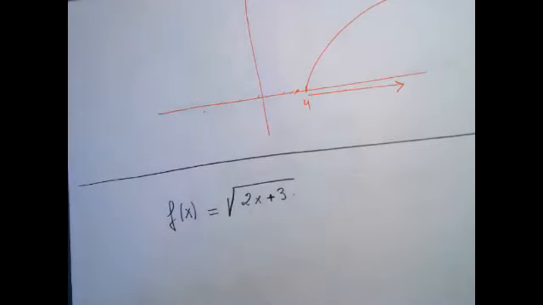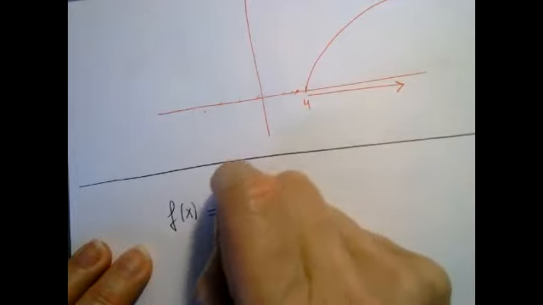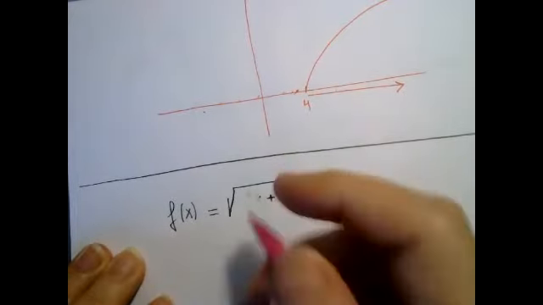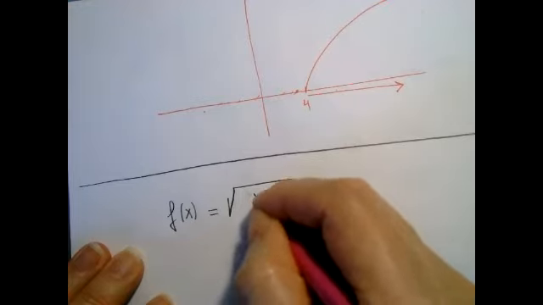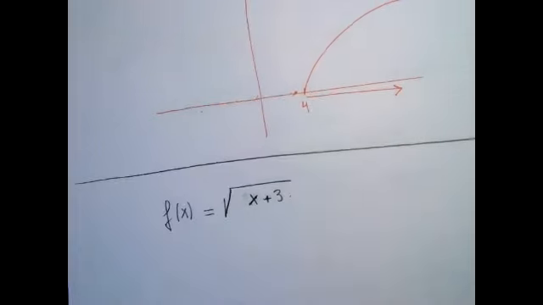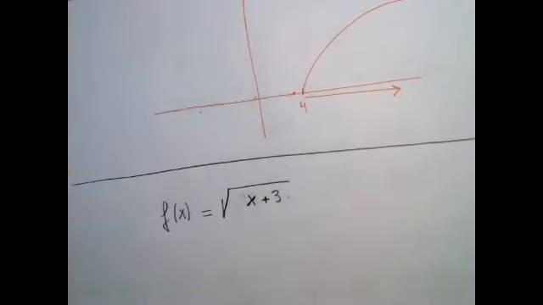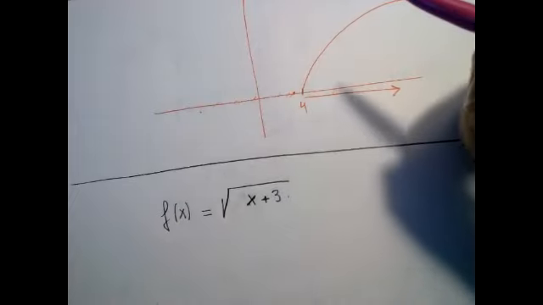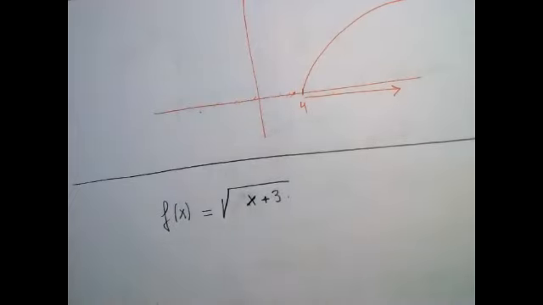Actually, I want to make it easier: x plus 3. What's the domain of this function? Which are the x's that I will allow? For the output to yield a number, what should be the restriction? What's causing me problem?